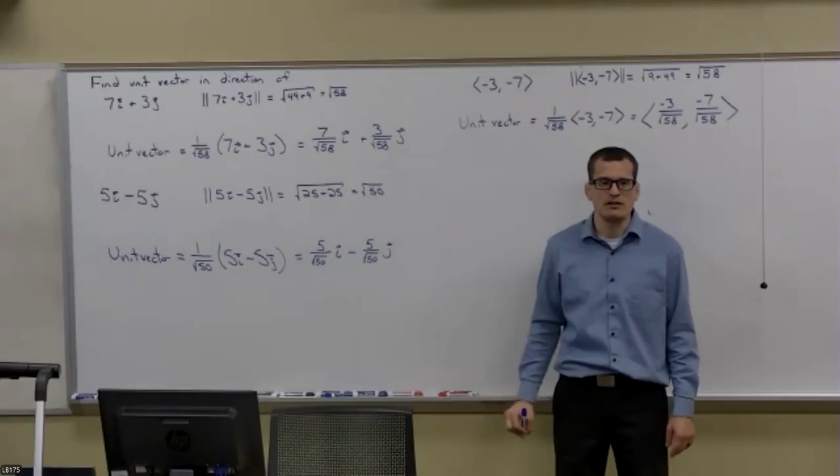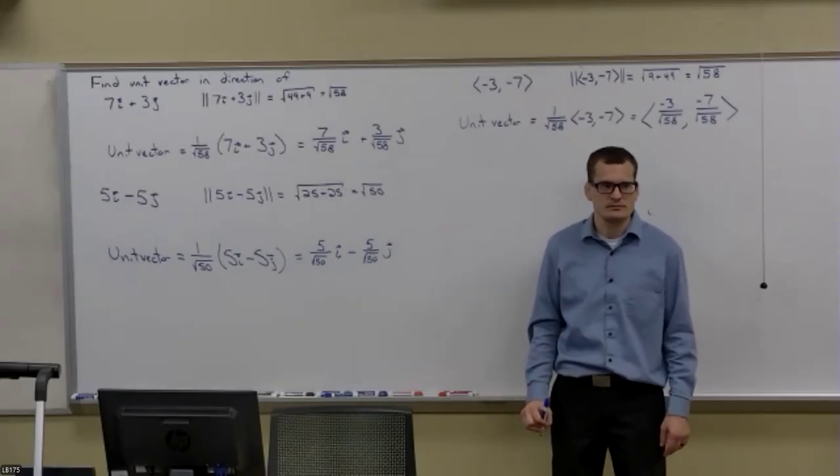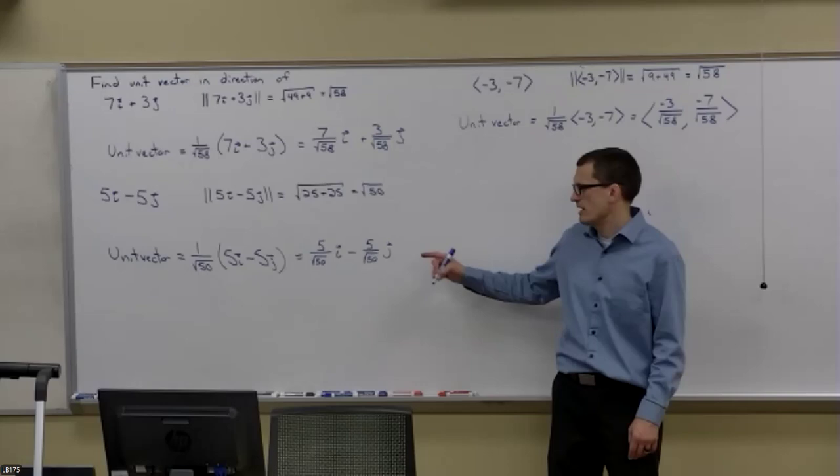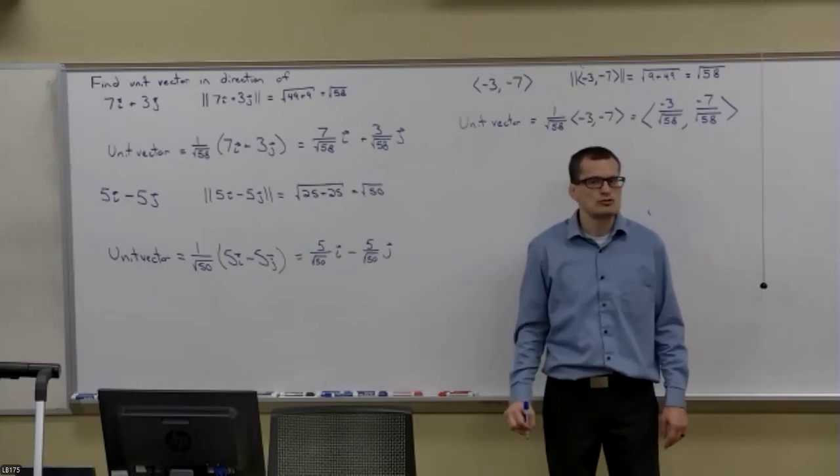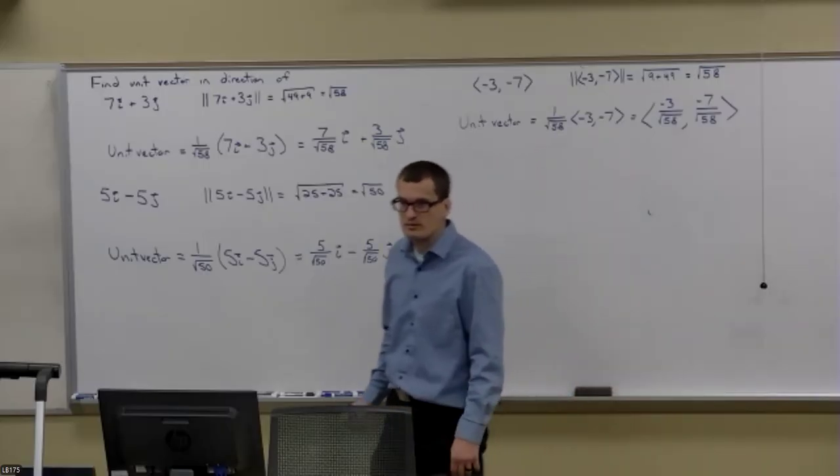I want to show you one little thing. Before I move on though, I want to simplify those numbers. Square root of 50 is 5 root 2.